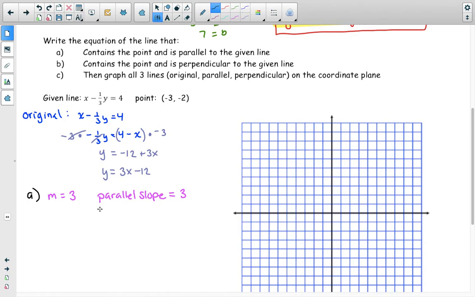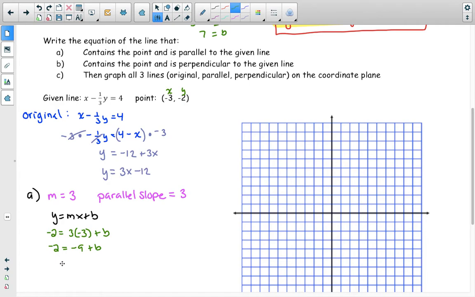Using y equals mx plus b, and we're going to use this coordinate, we can plug in our x and our y. Y is negative 2 equals the slope we want to use, 3, times the x, negative 3, plus b. We have negative 2 equals 3 times negative 3 is negative 9 plus b. We want to add 9 to both sides.